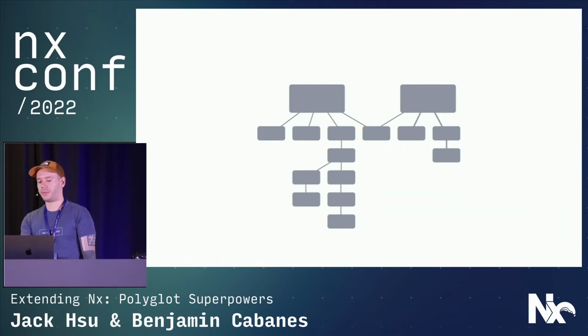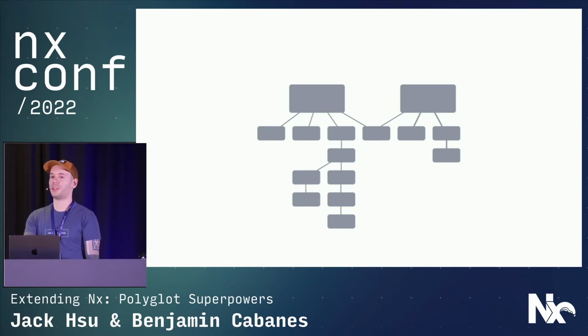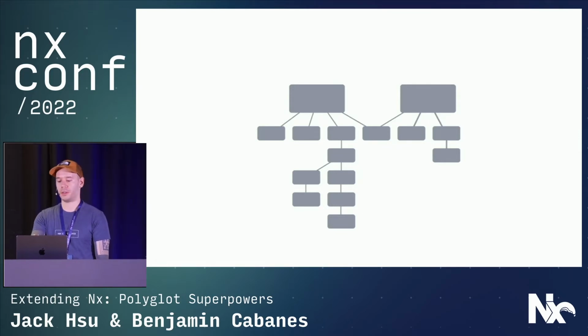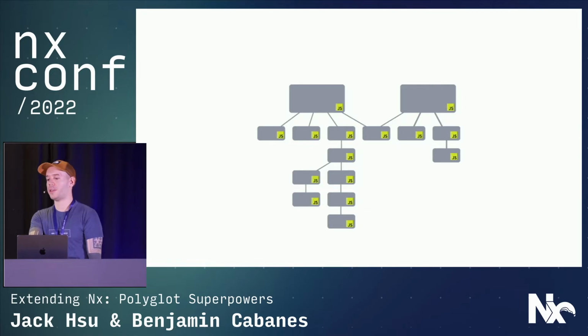The detailed graph, the representation that NX creates, it does it because it understands the whole code inside the workspace. And this is because everything is done with the same language.